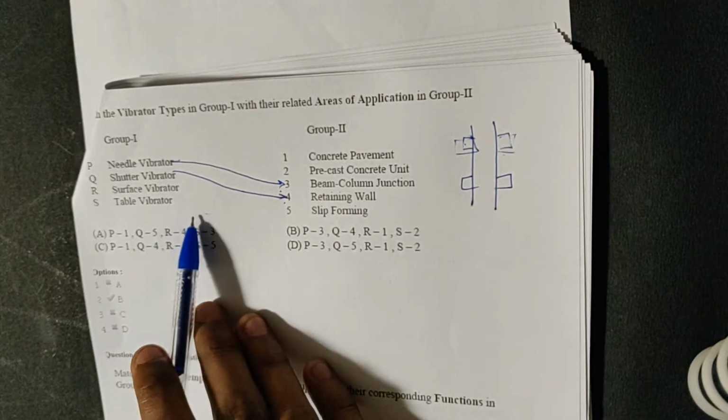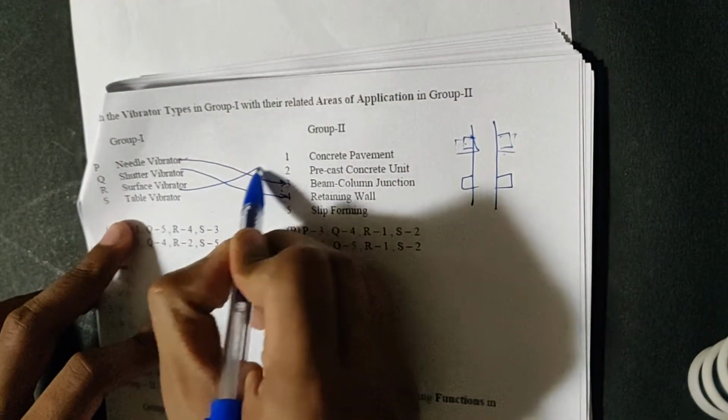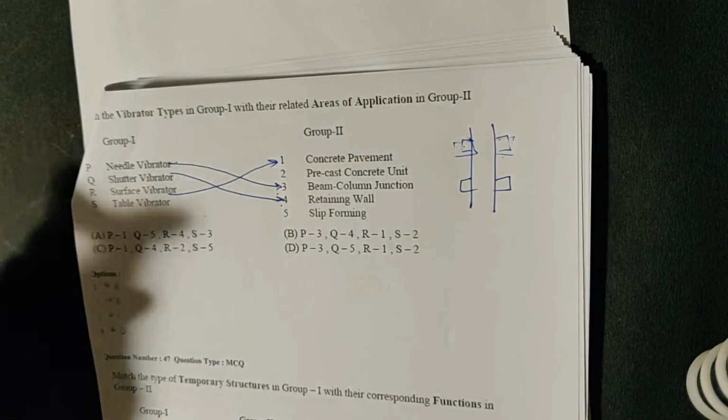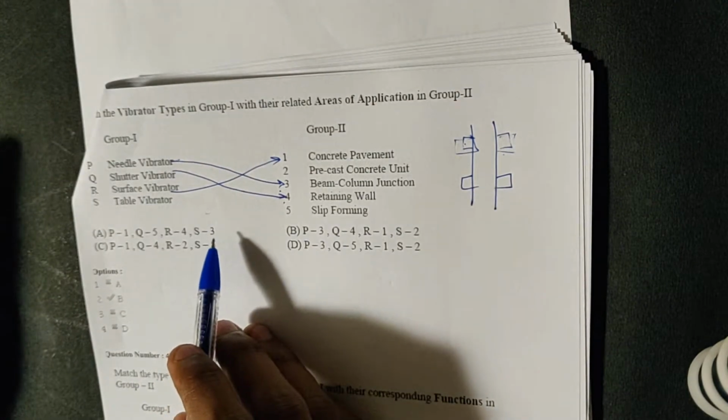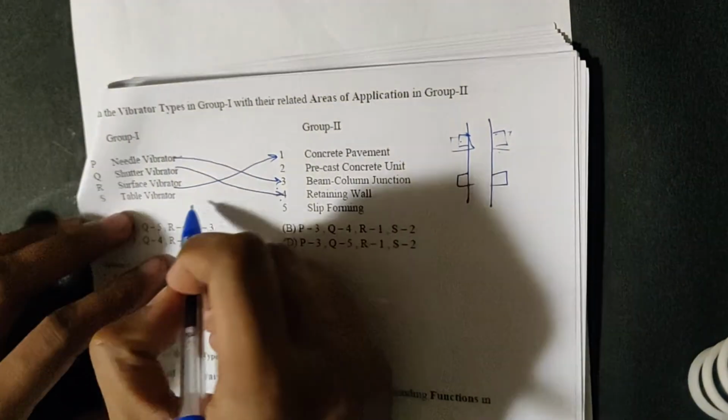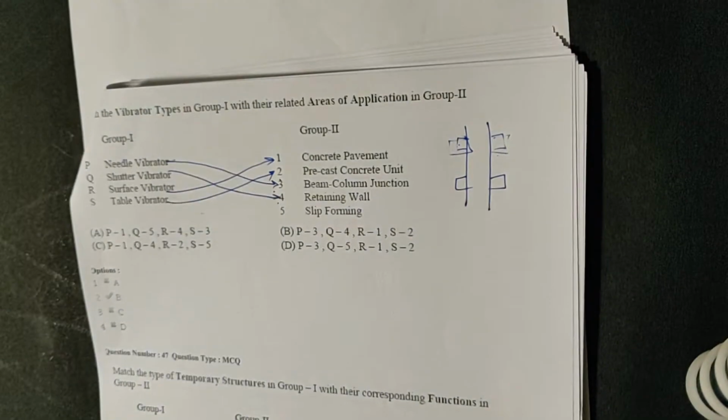The next is surface vibrator, which is used for your concrete pavement. Obviously, when you are laying your pavement, you need something on the surface. And the last is table vibrator for your precast concrete units.